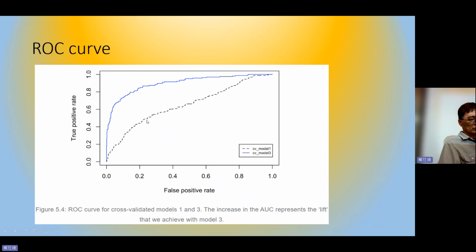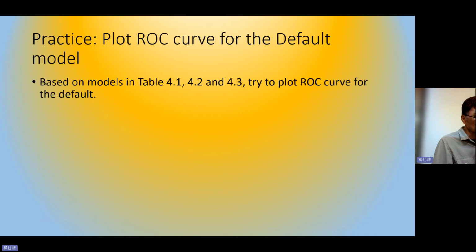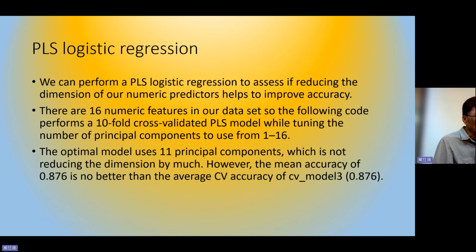Usually we use the ROC curve for cross validation. Here are some codings to generate the ROC, so you can check by yourself.